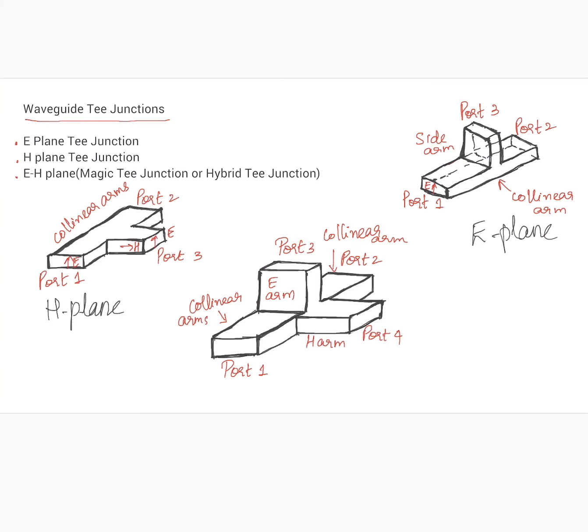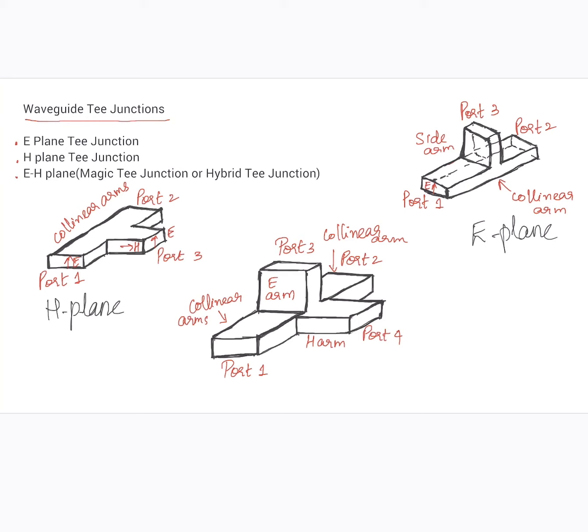Now when you consider the EH plane magic T junction, this has the properties of both E-plane and H-plane T junction.